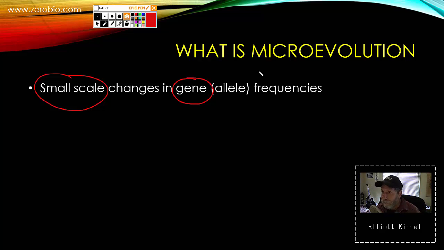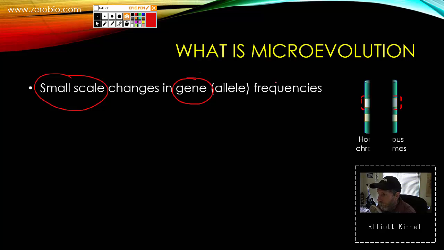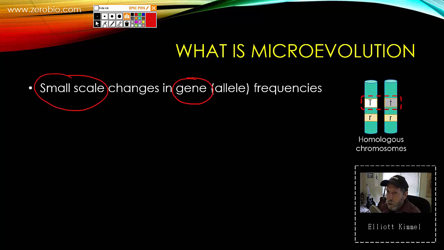Now, graphically, I want to show you an image over here. I have drawn two chromosomes, and these are called homologous chromosomes. So imagine this chromosome came from the father, and that's the symbol for the male, and this chromosome came from the mother.